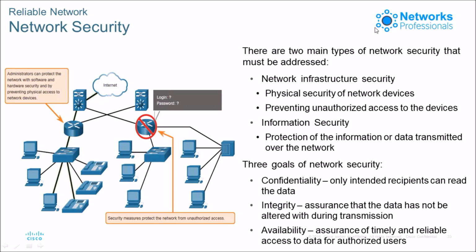Data confidentiality means that only the intended and authorized recipients can access the data and read the data. Data integrity means assurance to users that the information has not been altered in transmission from origin to destination, meaning the data on the way has not been altered or changed.